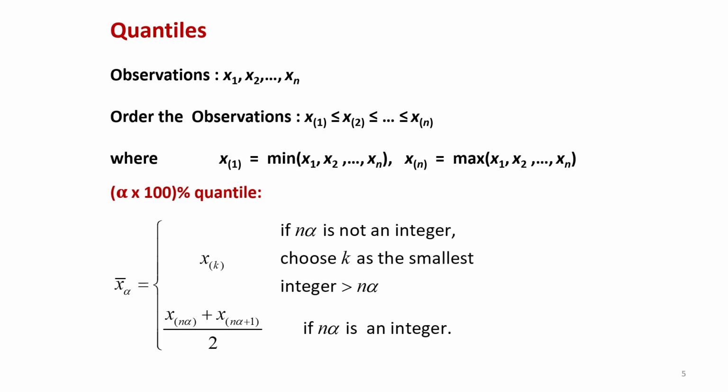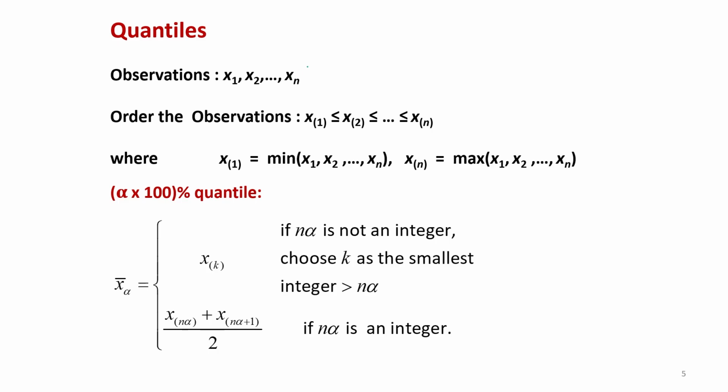In the last lecture we had defined the median. The median was the 50% quantile, and we had understood how we defined it for two types of cases, when the total number of data is an odd integer or an even integer. The same definition can be extended in general to define the quantiles.